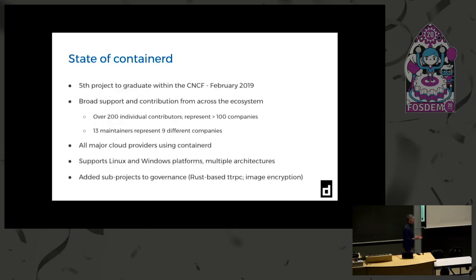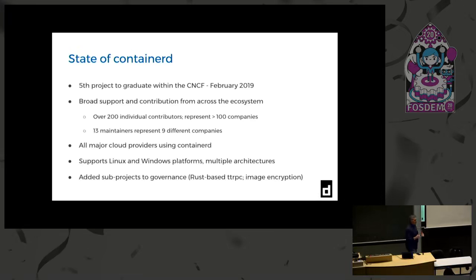So where are we today? We're the 5th project to graduate in the CNCF, so that happened just a few weeks after FOSDEM last year. The great thing is, again, it's not just a project from a small group of people. We now have had over 200 different contributors representing more than 100 companies. Thanks to the CNCF DevStats project, you can search on all this data and check out who's contributing, who's involved.